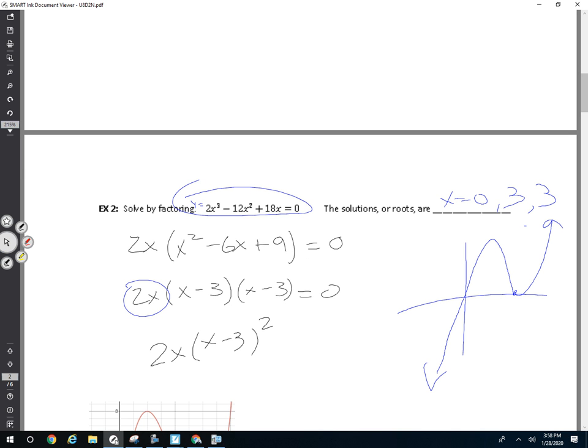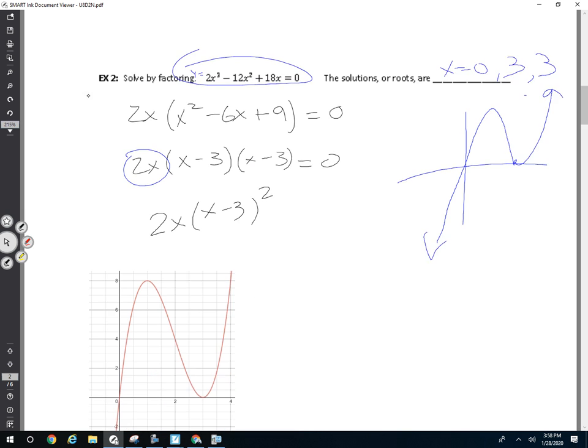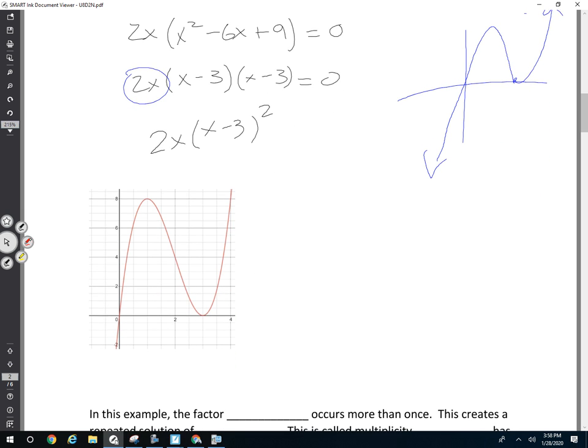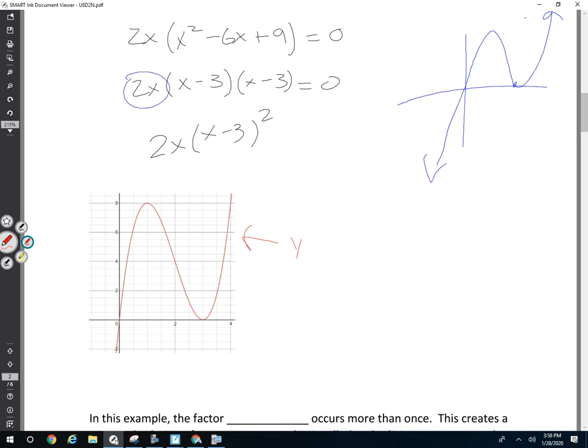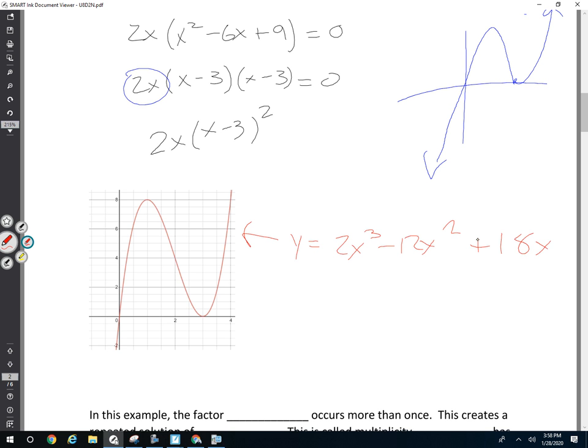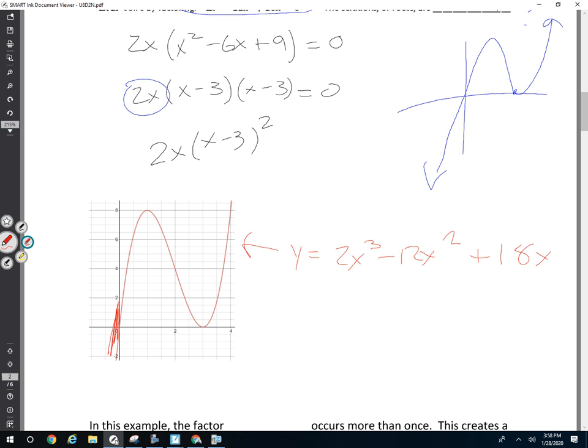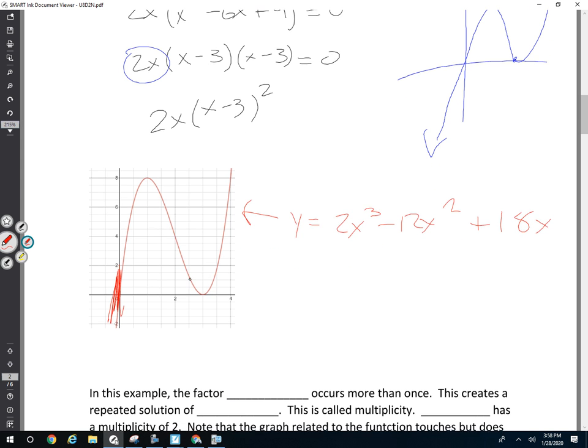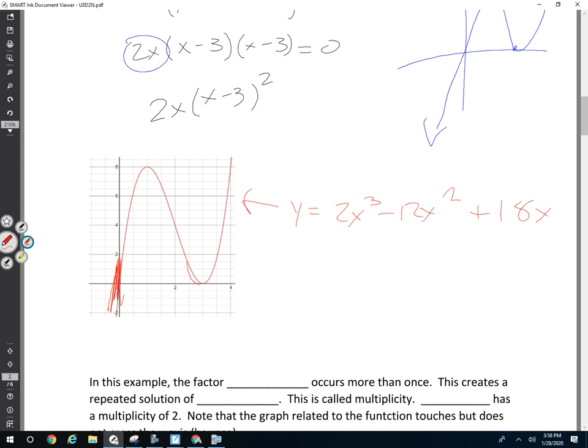If you didn't graph it, you can look at the graph right here. This is the graph of y equals 2x cubed minus 12x squared plus 18x. We notice it goes through at x equals 0. But then at x equals 3, it just bounces off of it.